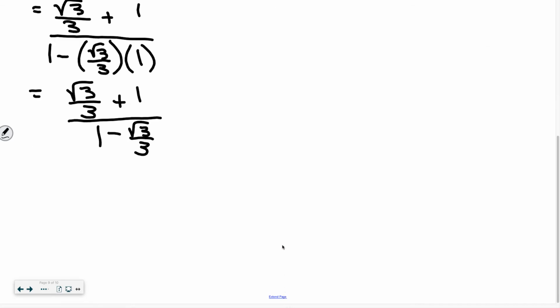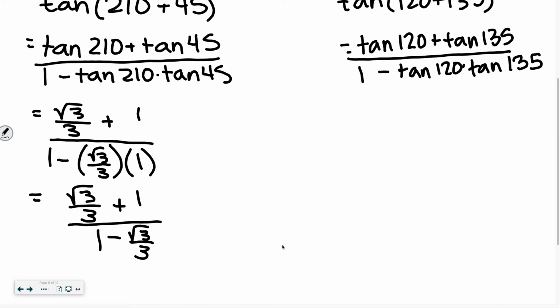Okay. On the other side, what is the tangent of 120? Negative, because it's in quadrant 2, and radical 3. So this is negative radical 3. The tangent of 135, also in quadrant 2, this is negative 1.